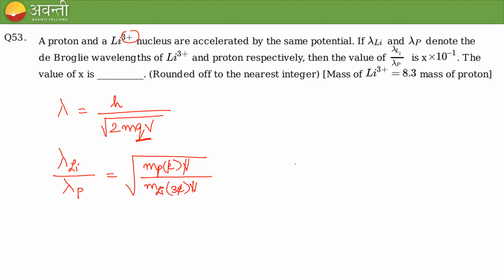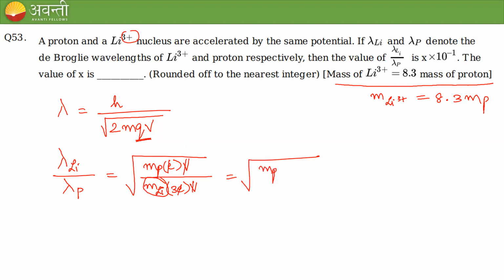Now since the mass of Li 3 plus is equal to 8.3 mass of proton, I can substitute 8.3 MP in place of the mass of lithium. Okay, so what will I get?